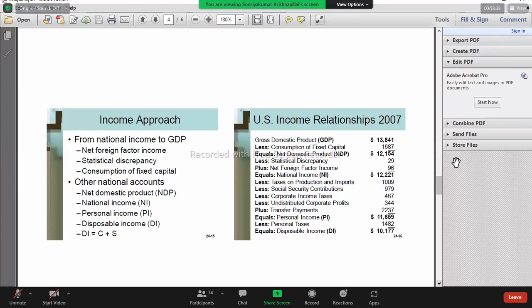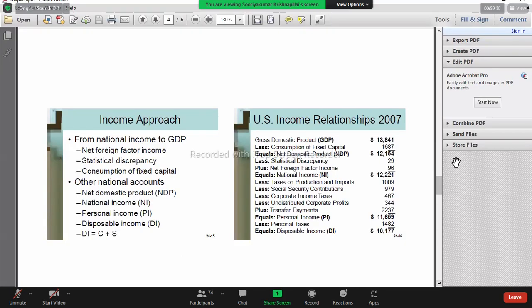Then corporate income taxes. That will not come to the household. The firm pays those taxes, and they go to the government. Also the company keeps some profit that will not come to the household, undistributed corporate profit. And the government gives some transfer payments that come to households, so that is plus. Now the personal income.